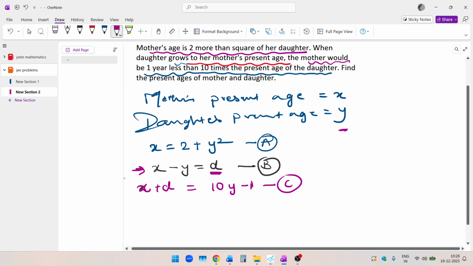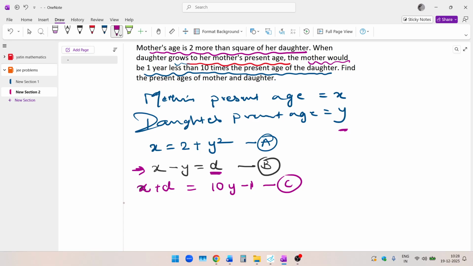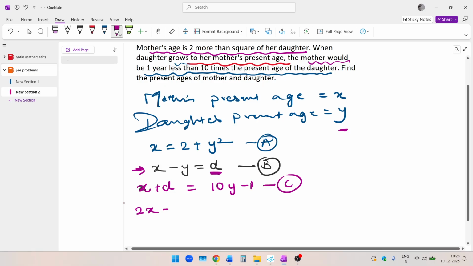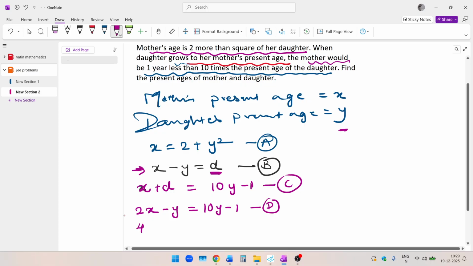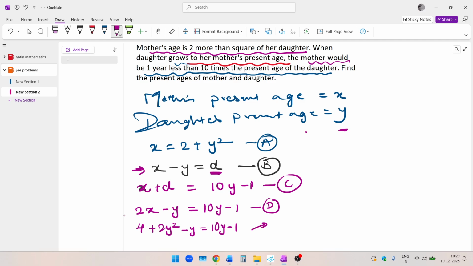First, substitute the value of d from equation B to equation C, and you will get 2x minus y is equal to 10y minus 1. Now substitute the value of x from equation A in this equation D. So you will get 4 plus 2y square minus y is equal to 10y minus 1. So this is a quadratic equation. I'll write it on the other side over here.